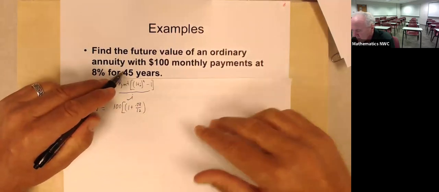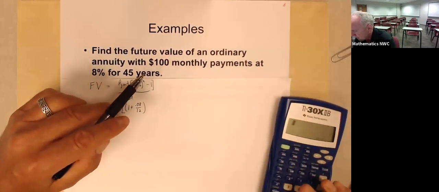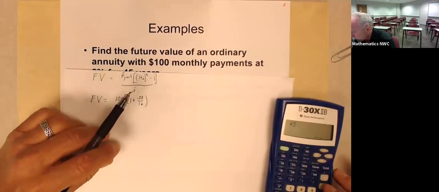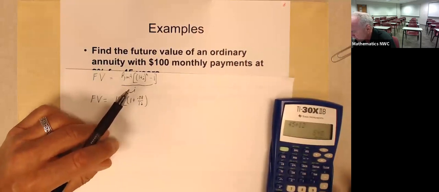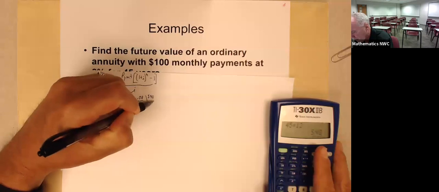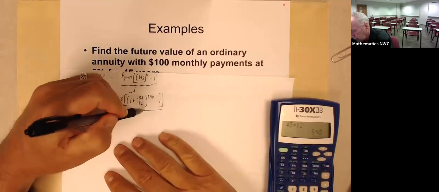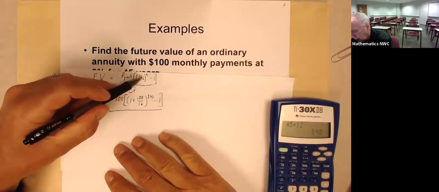45 years, and it's going to be 12 times a year. I'm going to put that on there once right away. 45 times 12 turns out to be 540 times. Then I need to subtract the 1, and finally divide by that same I that I had up here.